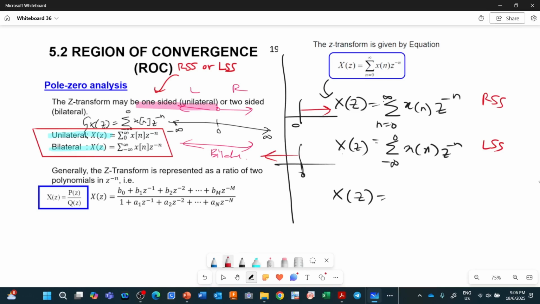Bilateral means you have both the left side and the right side. So it covers minus infinity to infinity of x(n) z^-n. This one will be right-sided plus left-sided.